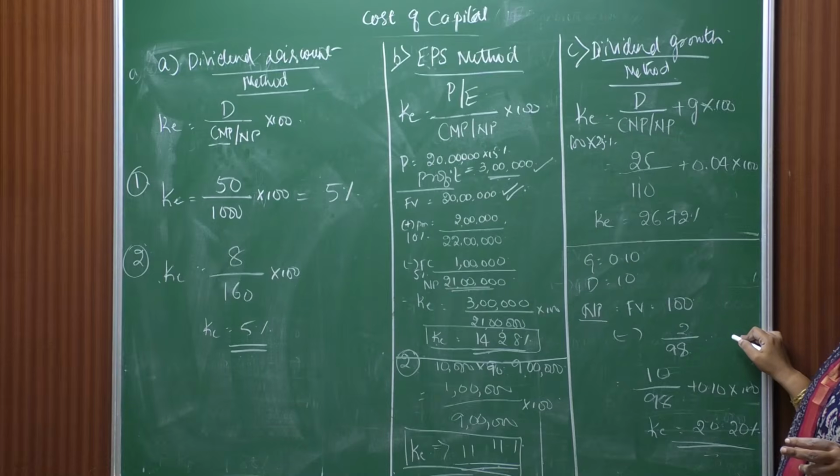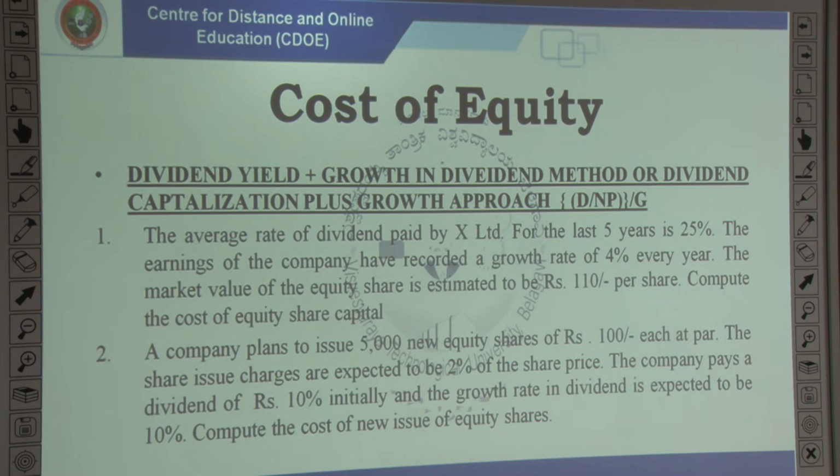The company pays a dividend of 10% initially, and the growth rate in dividend is expected to be 10%. Compute the cost of new issue of equity share. So the growth rate is 10%, 0.10, and the dividend is 10 because the face value is 100, and 10% of 100 gives you 10 rupees.